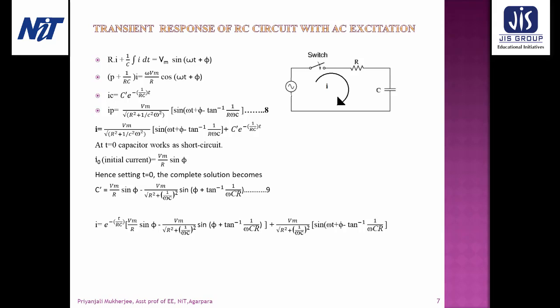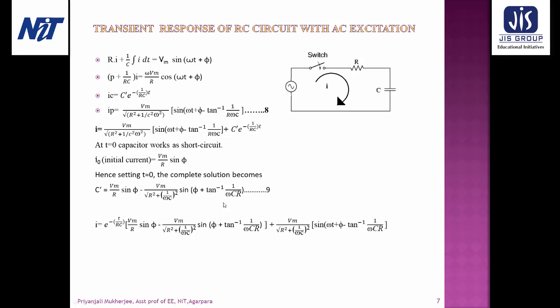So the initial current becomes Vm divided by R into sine phi, and at t is equal to 0, the complete solution becomes the I, and whereas the C is given as the Vm divided by R into sine phi, and minus Vm divided by root over of R square plus 1 by omega C whole square into sine phi plus tan inverse 1 by omega CR.